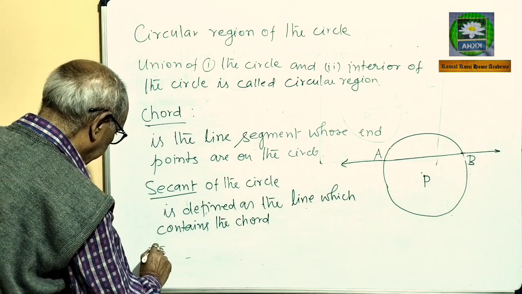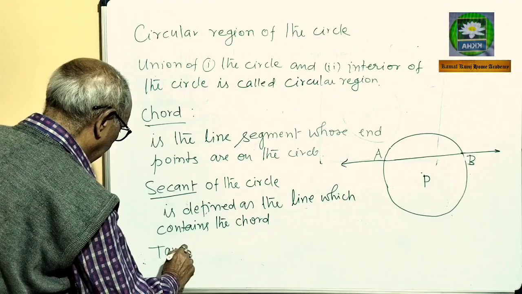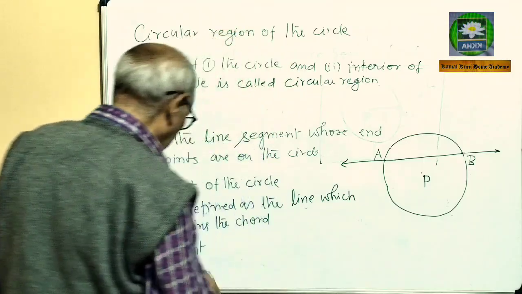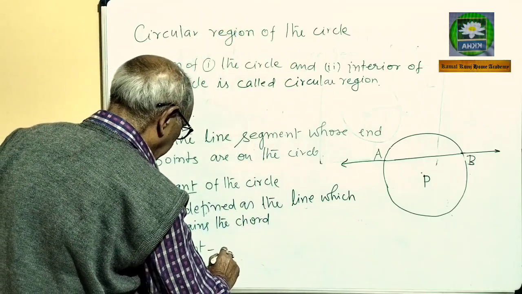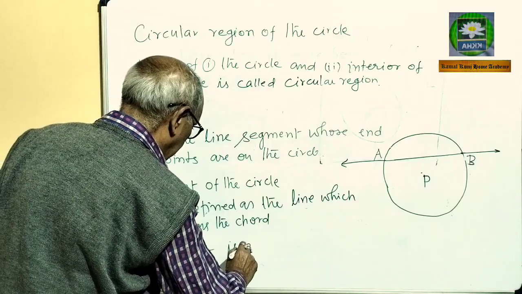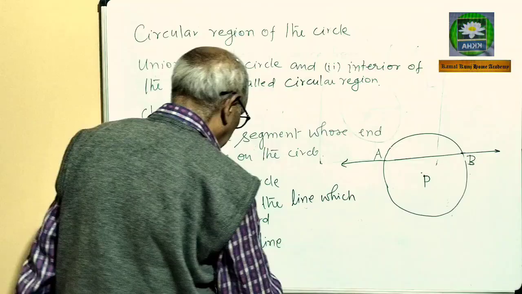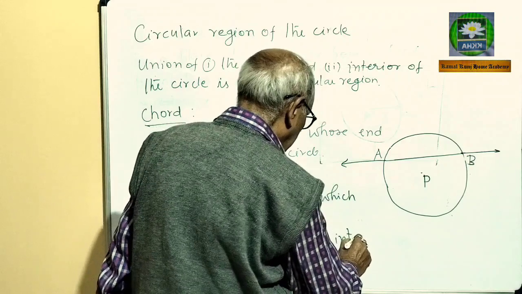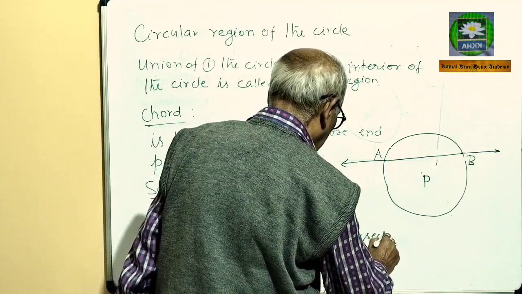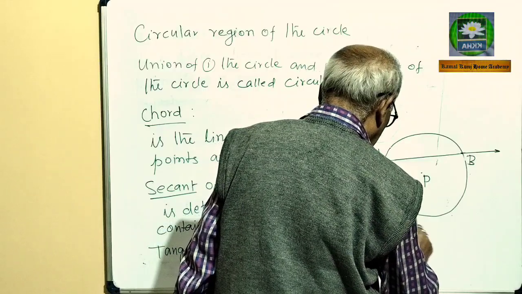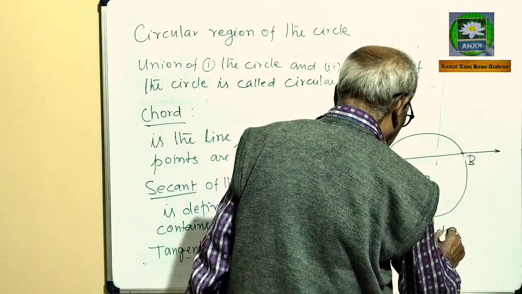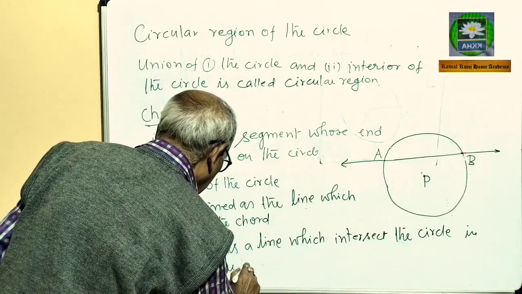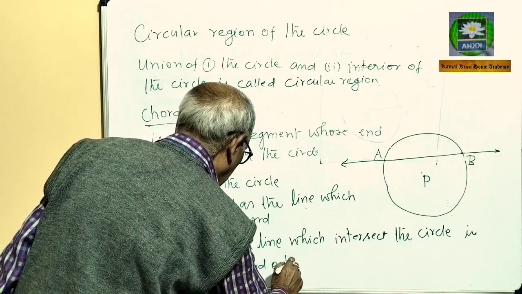What is a tangent? A tangent is a line which intersects the circle in one and only one point.